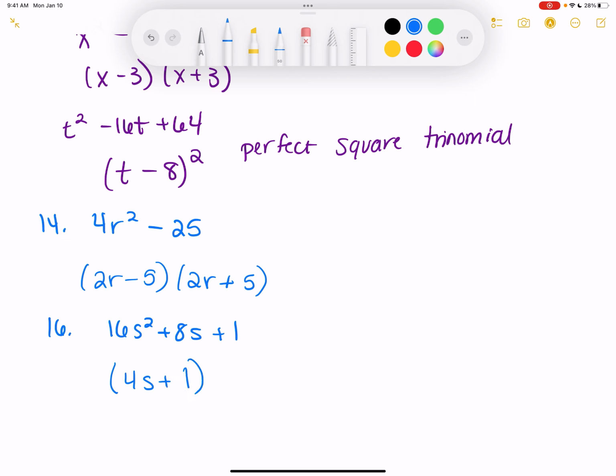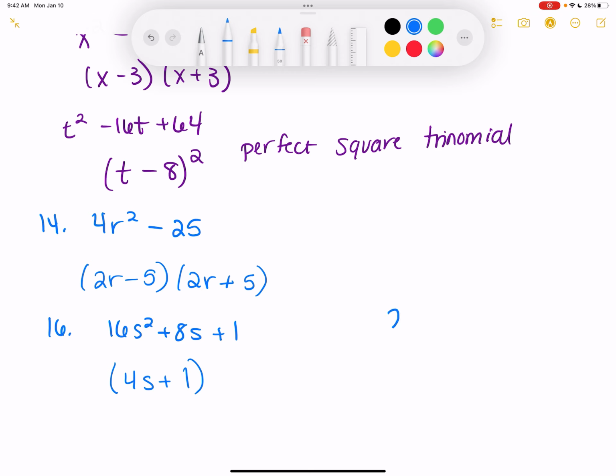Okay, so remember we're only looking at the first and the third term in terms of the values that we're writing here, but the way to check that it's a perfect square trinomial, because sometimes they might give you one that looks like a perfect square trinomial but isn't, is this: if this term is squared and this one is squared, then the middle term is 2 times whatever this term is, the thing that's being squared, times this term that's being squared.